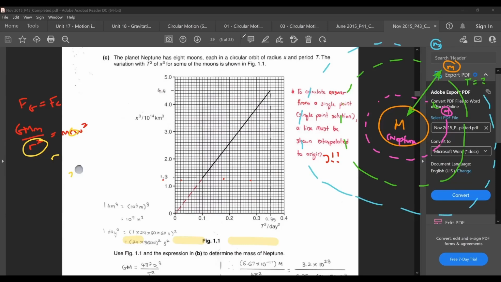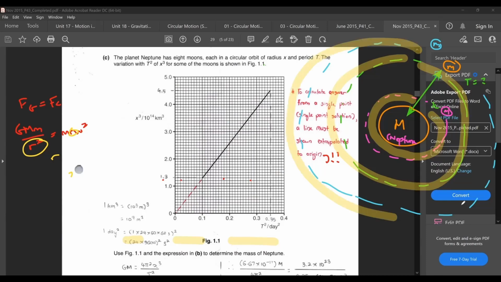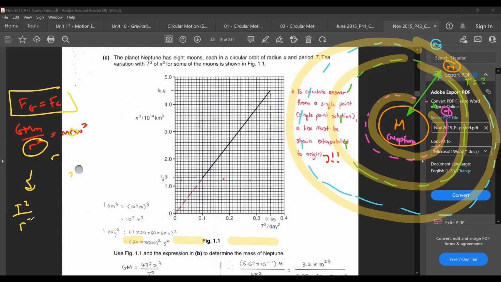But all 8 of them are moving in circular orbit around your planet, around Neptune itself. Okay, so since all of them are moving in circular orbit, you know you can say Fg equals Fc. Eventually, T squared over R cubed is 4π² over GM.